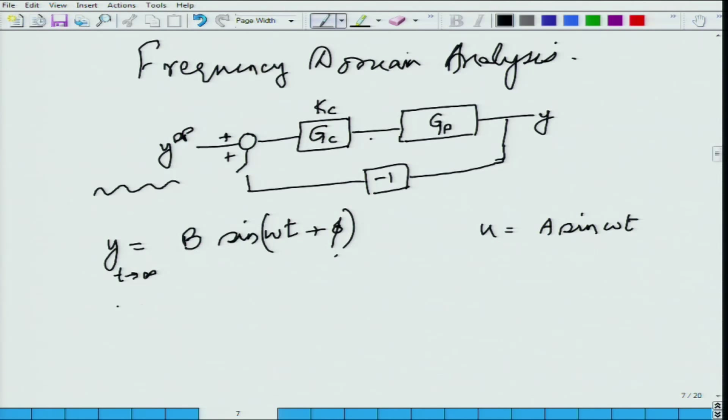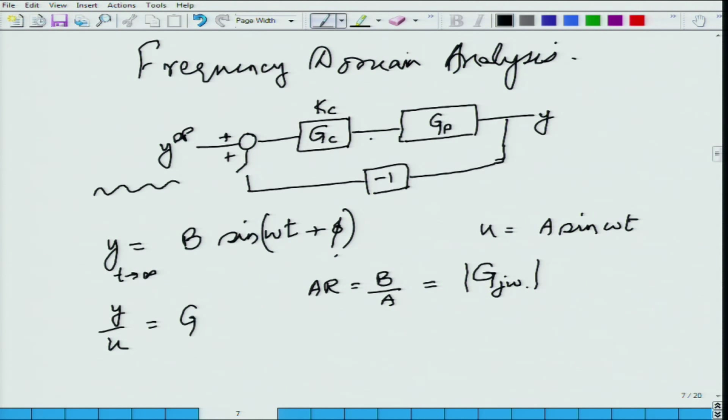And if the relationship y by u is given by a transfer function g, then what people have shown is that the amplitude magnification, called the amplitude ratio, which is b by a, how much the sine wave is getting magnified by, is actually given by the magnitude of g j omega, where the Laplace variable s in the transfer function has been replaced by j omega.